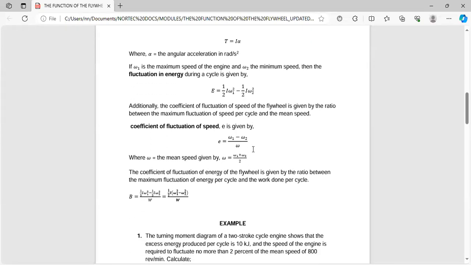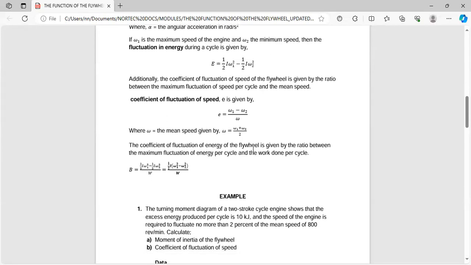Then additionally, you also have another factor, which is the coefficient of fluctuation of energy of the flywheel. So this one is just the ratio between that difference in energy between maximum and minimum and the work done per cycle.